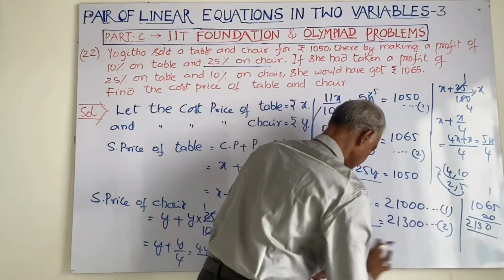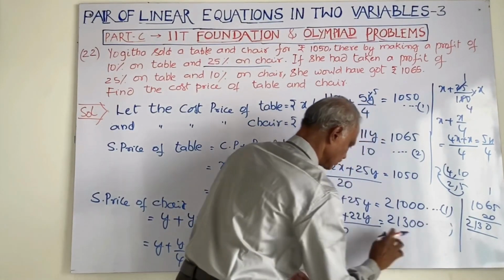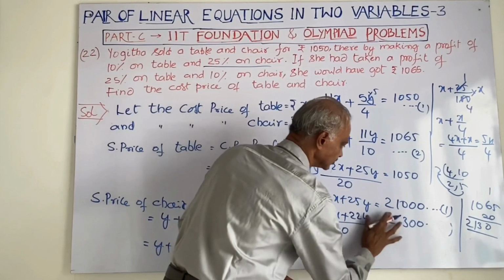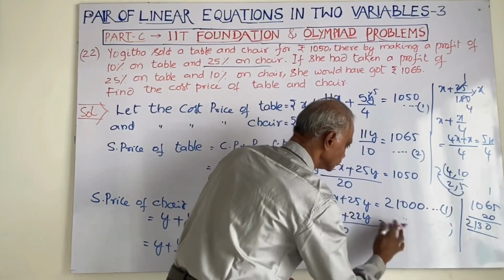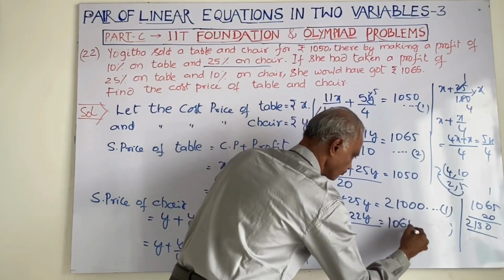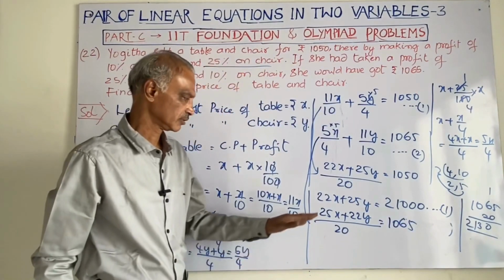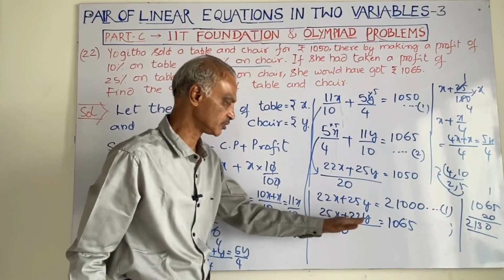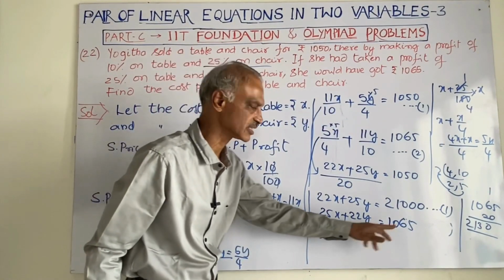I am multiplying this with, see, you got 10, this is 1065. Now 25x plus 22y by 20 is equal to 1065.